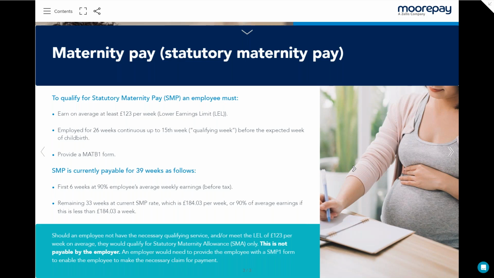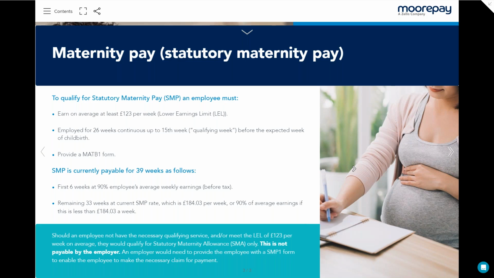Statutory maternity pay is not paid for the full 52 weeks, it's paid for 39 weeks, and that's broken up into two elements. The first element is 90% of the employee's average weekly earnings, before tax and including any bonuses or any other payments they got during the qualifying period.